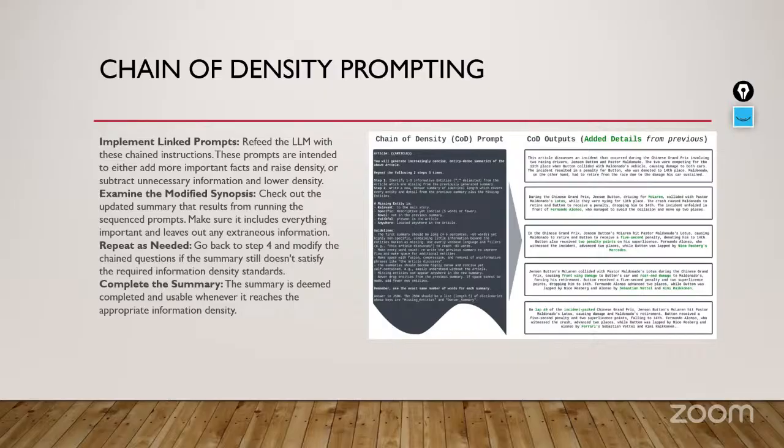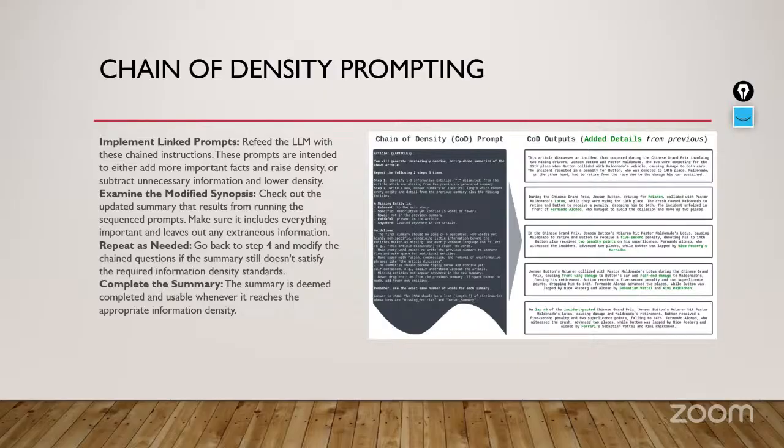Then we will again examine the modified synopsis. Check the updated summary that results from running the sequence prompt again. The sequence prompt we ran earlier, we will run again with the updated summary. Make sure it includes everything important and leaves out extraneous information.